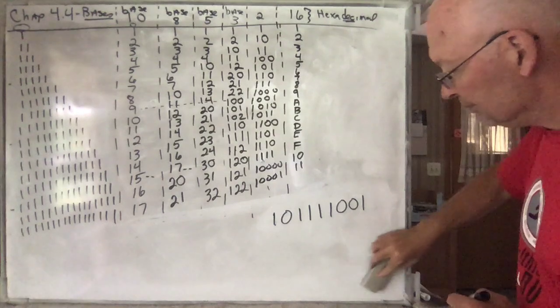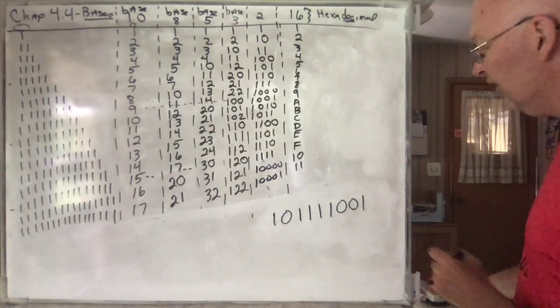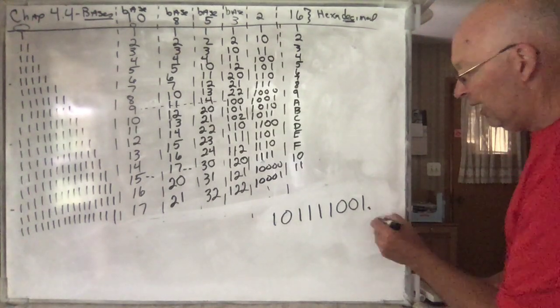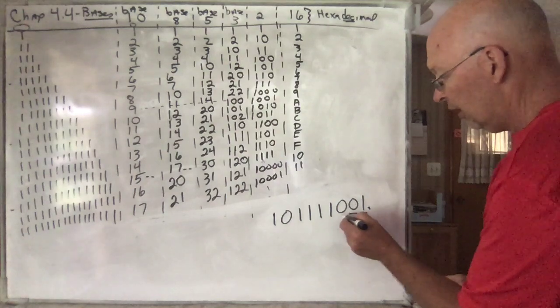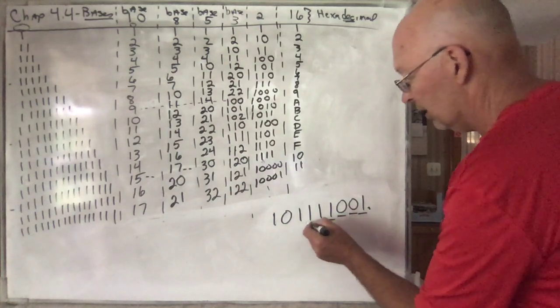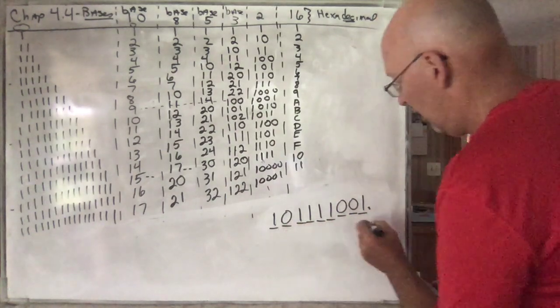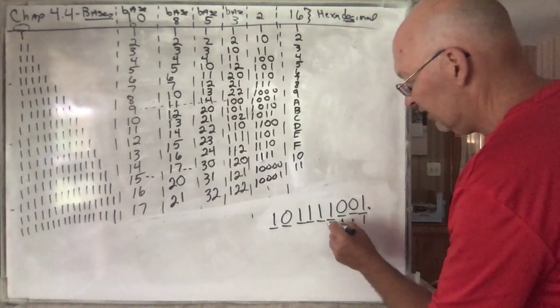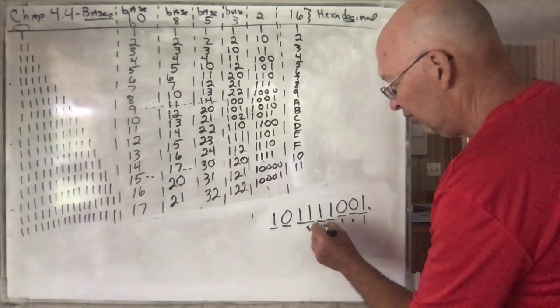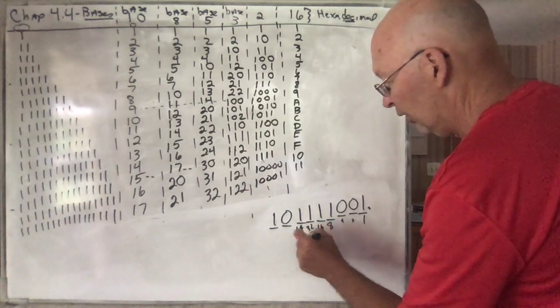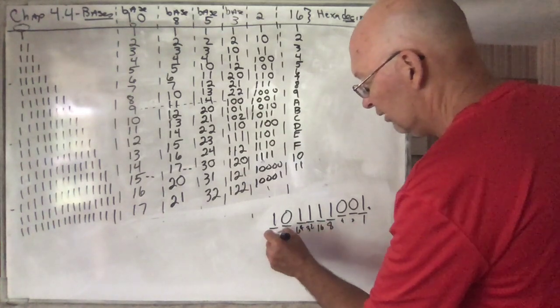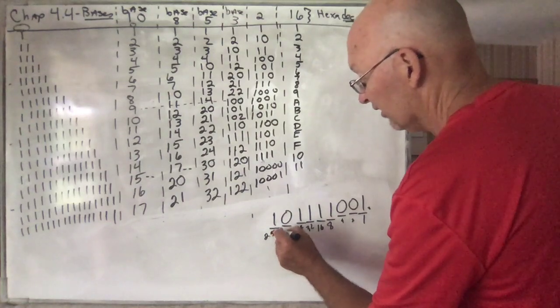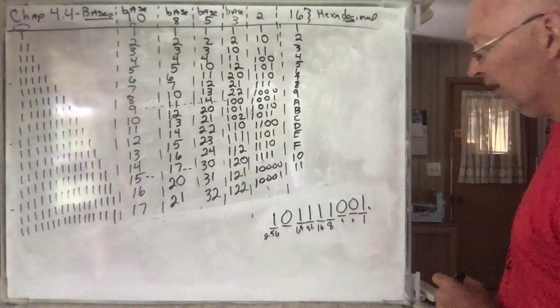Okay? So what is that in base 10? This is a 1. There's our 2s, 4s. This is 8, 16, 32, 64. That's 128 and 256. So in base 10, what would this be?